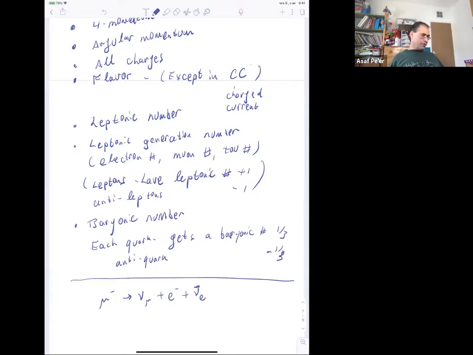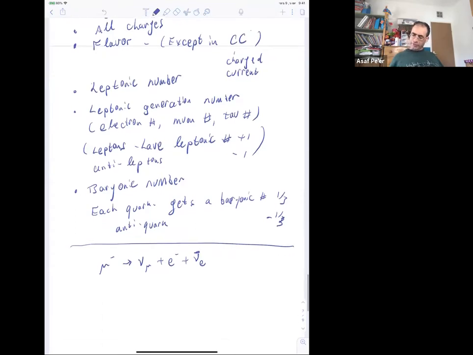Well, both have to be conserved in order for a process to occur, right? If one of them is not conserved, the process would not occur. Can I think of a process which conserves the total electronic number, but not the muon number? Yeah, I can actually think of things, for example, a decay of the form muon goes into electron plus, let's say, a proton and antiproton.